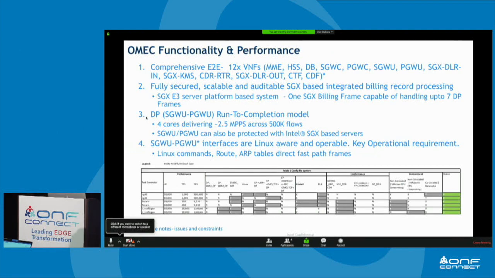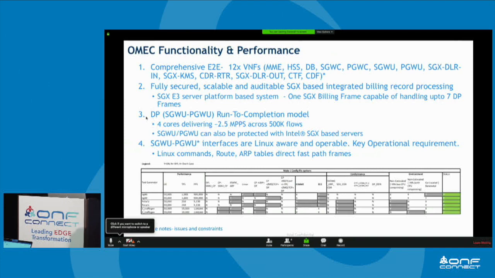Their previous generation was Skylake. The latest generation that we have in the market today is the Coffee Lake based E3s. Those are single socket machines, and they are perfectly okay to run the billing system.